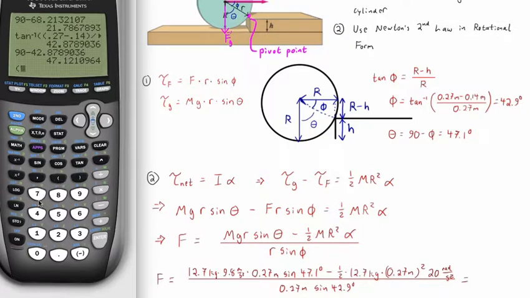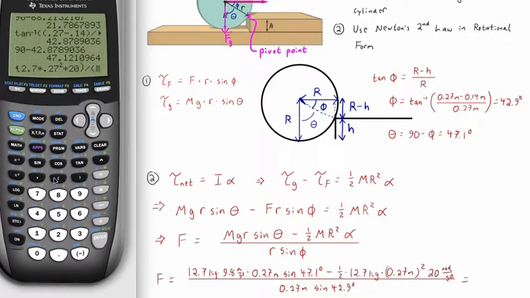Okay, so 12.7 multiplied by 9.8, multiplied by 0.27, times sine of 47.1, unrounded, minus 0.5 times 12.7 times 0.27 squared times 20. Close our parentheses, because that all should be the numerator.